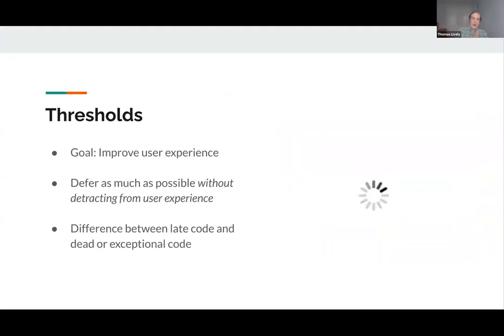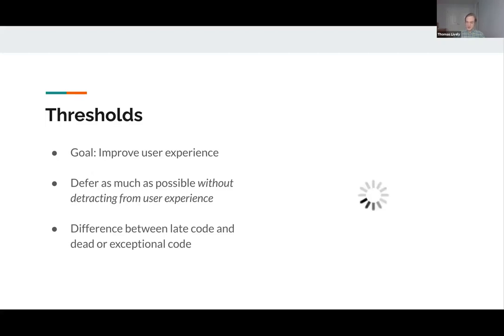So even if we had a total ordering of the first timestamp at which a function is going to be run across all possible executions of a project, we'd still have this question of where's the threshold, right? How much should we defer and how much should we keep in that initial module? I don't really have anything concrete to say here because this is really going to be a matter of tuning.